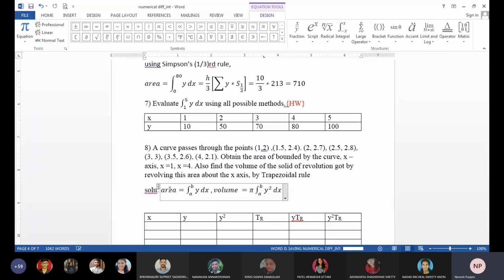Okay, area का formula is integration a to b y dx. Volume का formula is pi times integration a to b y square dx.